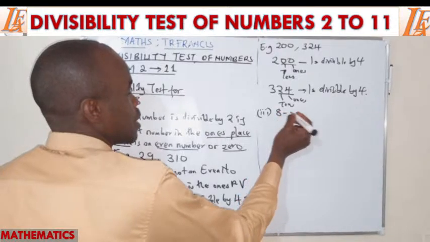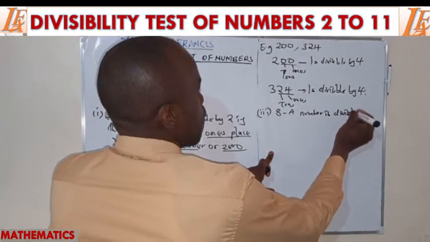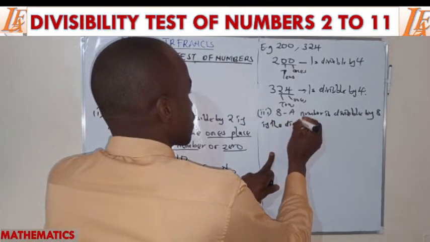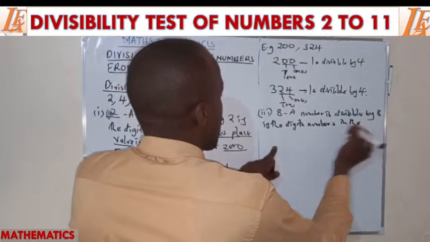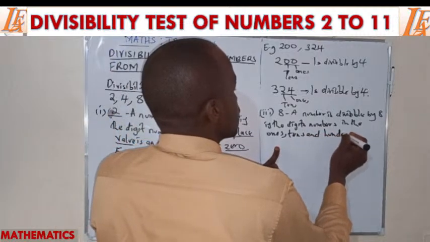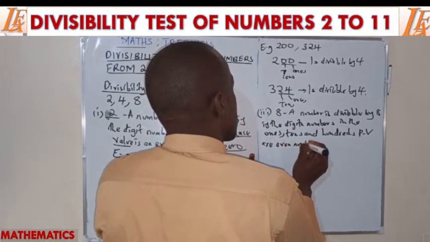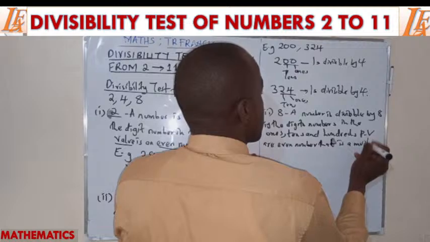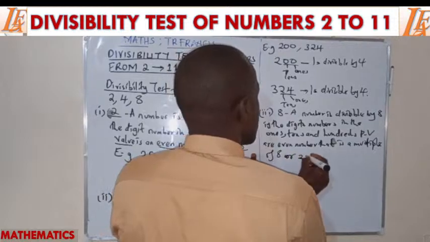Then we go to the last one for the even numbers, 8. A number is divisible by 8 if the digits in the ones, tens, and hundreds place value form an even number that is a multiple of 8, or zeros.